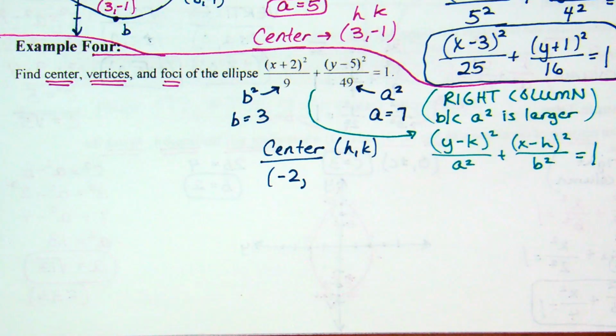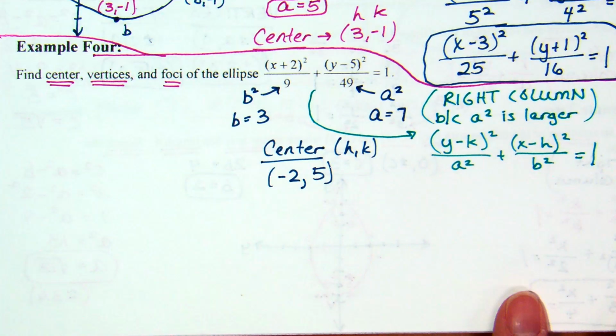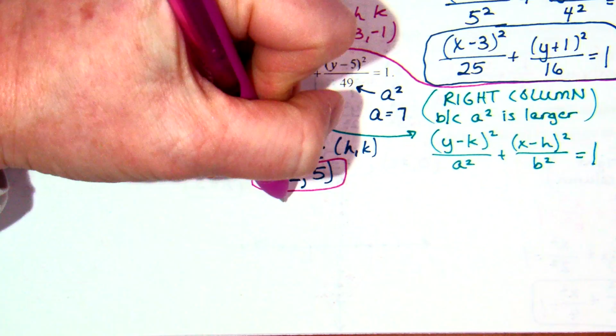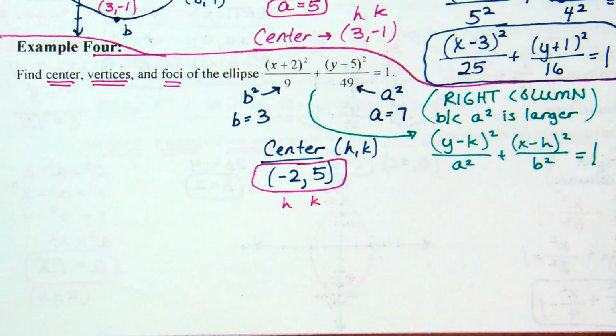K always is associated with the Y coordinate. Since it's Y minus 5, we're going to use 5. So my center is negative 2, 5. And as we mentioned, those are H and K.